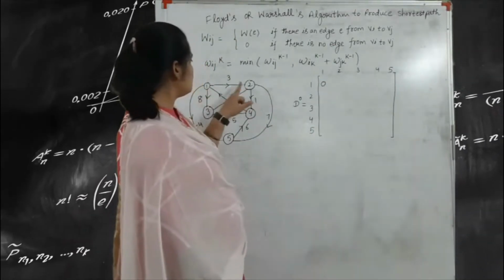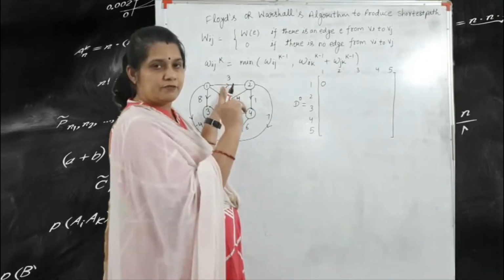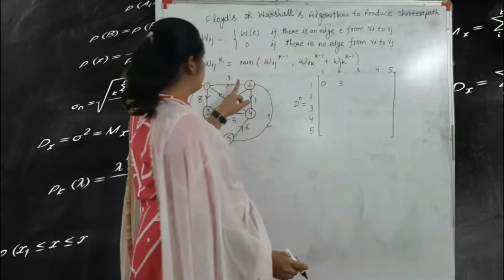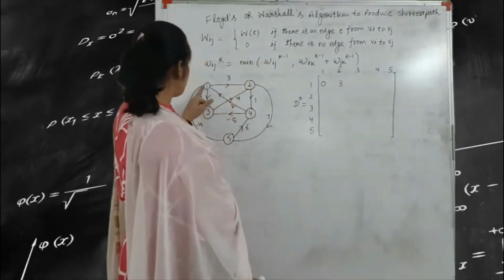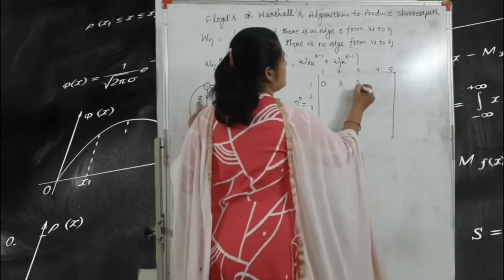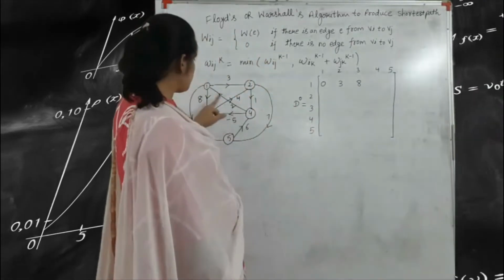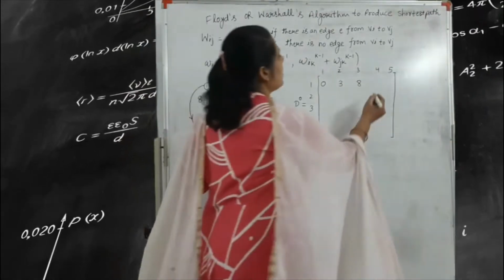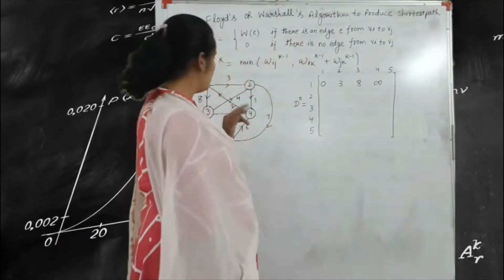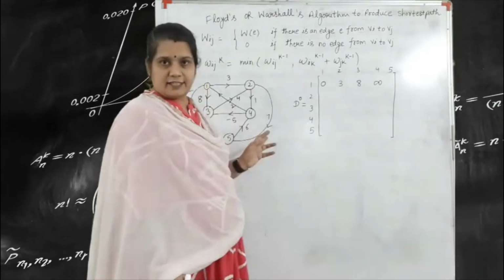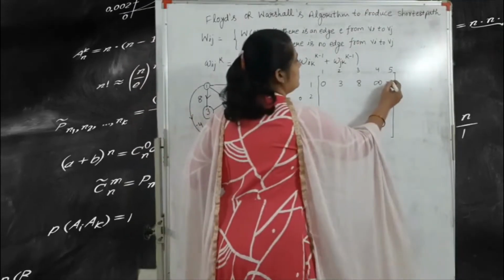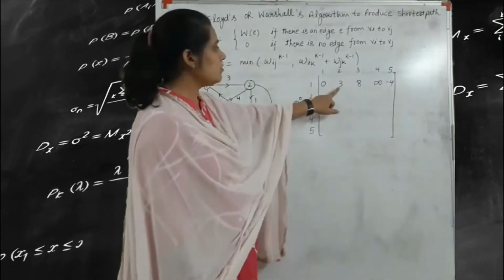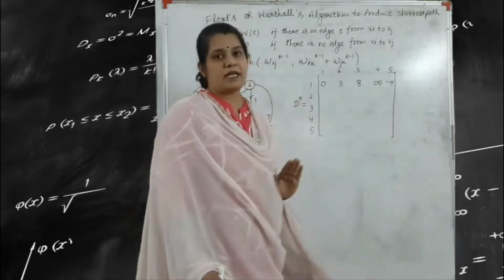Next, 1 to 2 is directly connected with the help of one edge, and the weight is 3. 1 to 3, the weight is 8. 1 to 4 is not connected; 4 to 1 is connected, so here we write the infinity sign. 1 to 5 is directly connected, so we write the value minus 4. That means our first row is 0, 3, 8, infinity, minus 4.